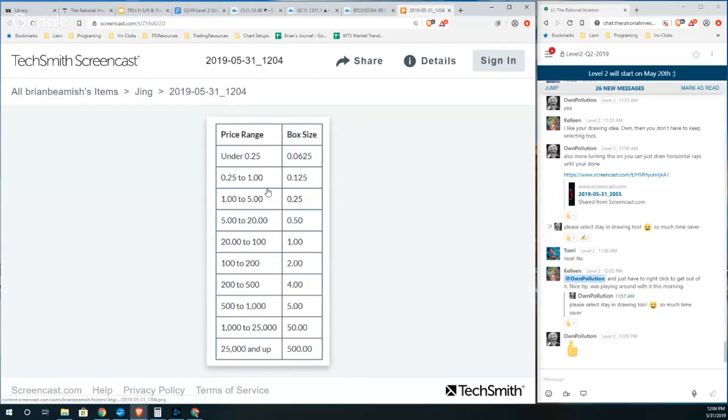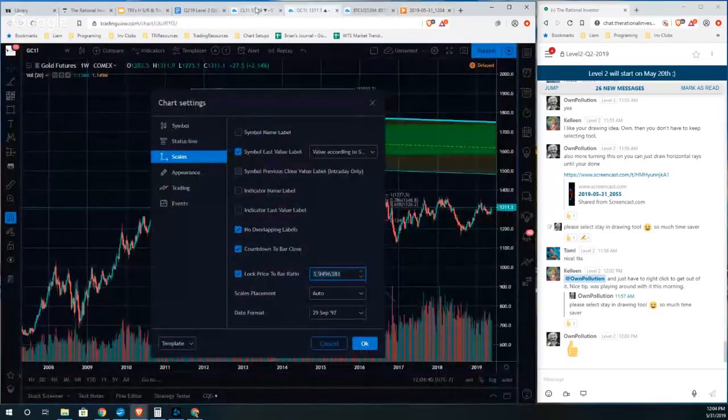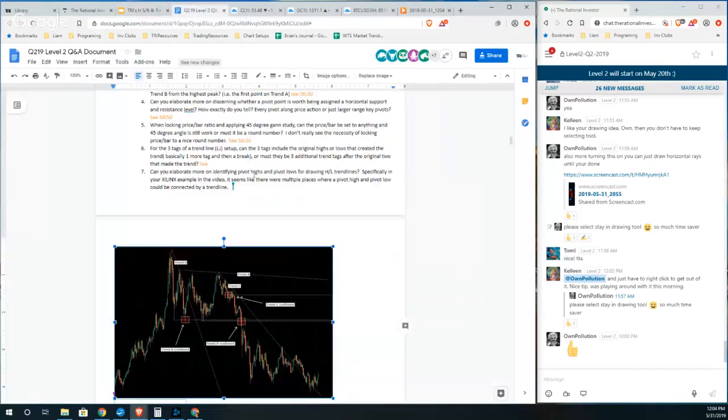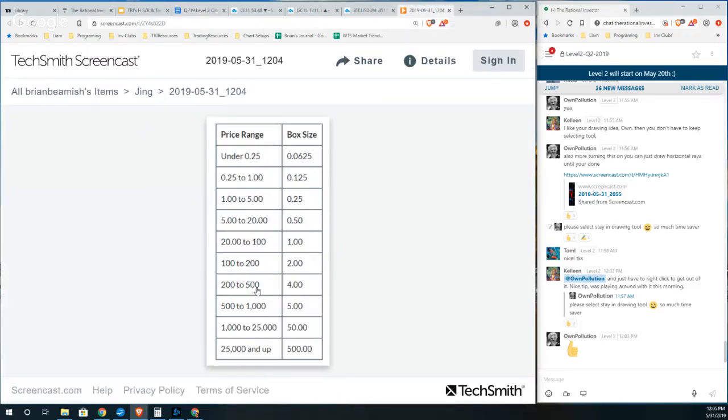So in essence, this asset in particular, what are you looking at? Gold? I'm not quite sure what asset you're looking at. I guess you don't give a specific reference. But the best thing to do is figure out what the price of your asset is, and then just set the scale to whatever this is.